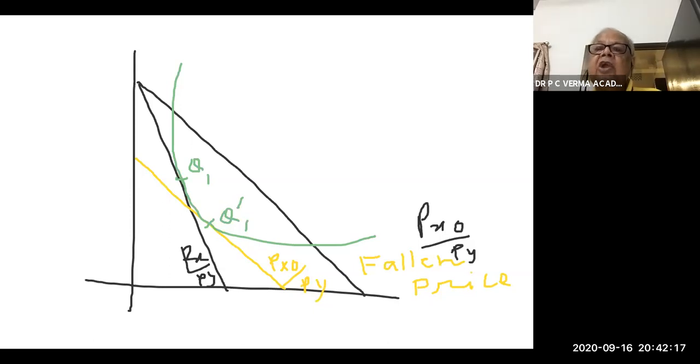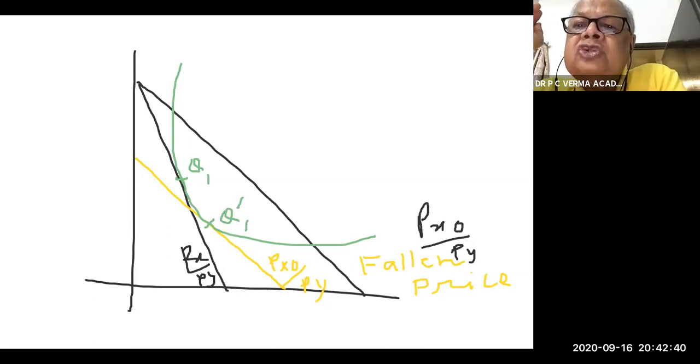In order to find out substitution effect, we have to draw a line parallel to the fallen price line, and we should draw it in such a way that there is a cross between the first price line and the third price line, which is drawn parallel to the second one. So the cross will give us two positions, Q1 the original position and Q1 dash the subsequent position.